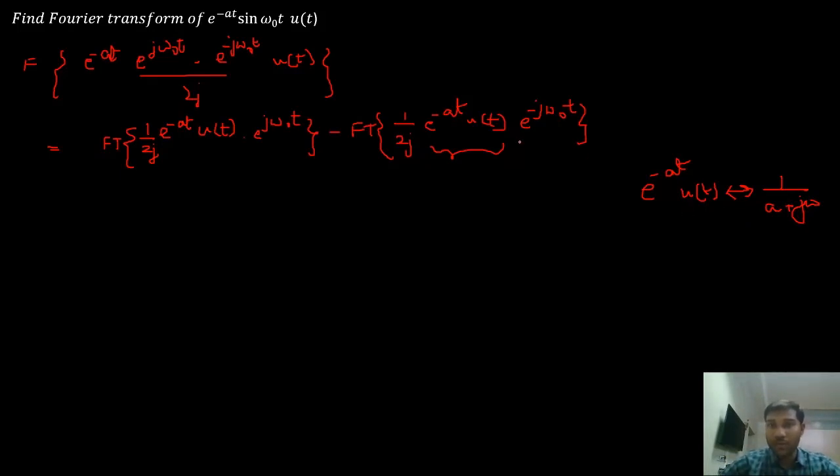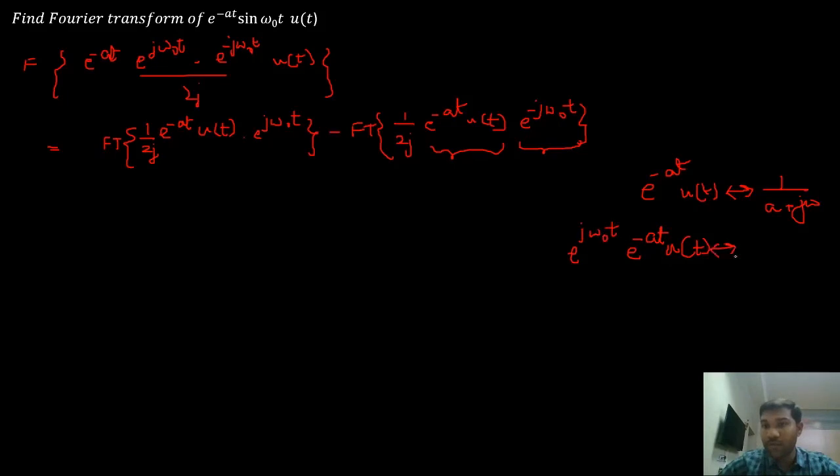Now I am going to introduce a phase shift in my time domain signal. Phase shift in time domain signal is nothing but it has a corresponding frequency shift in Fourier domain. So e power minus at into u of t into e power j omega naught t, what will the Fourier transform be?